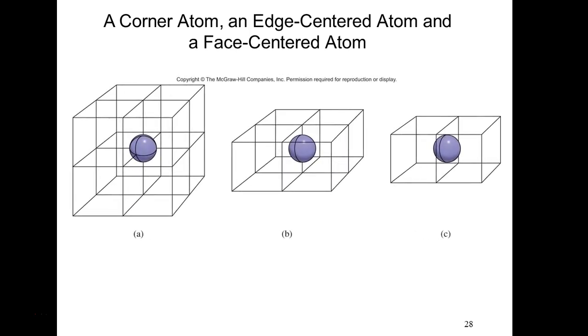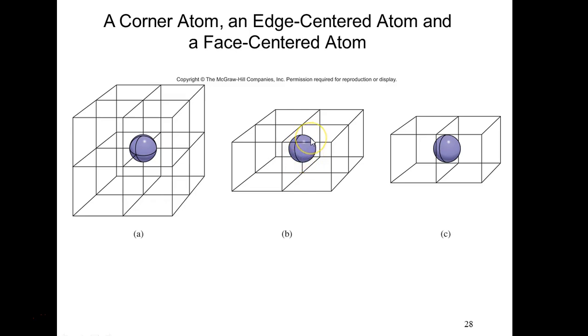Now this next slide is going to break down what I meant by 1/8 of a sphere, or 1/2 of a sphere. If you are on a corner of a unit cell, you can see how this sphere within a larger unit is broken up into 8ths. There's 4 on this side and 4 on that side. If you are in that arrangement, or on the corner of a unit cell, only 1/8 of your sphere will actually make it to packing that unit cell.